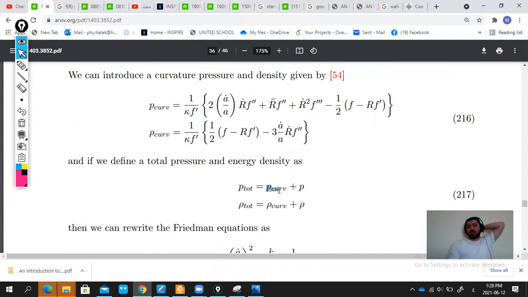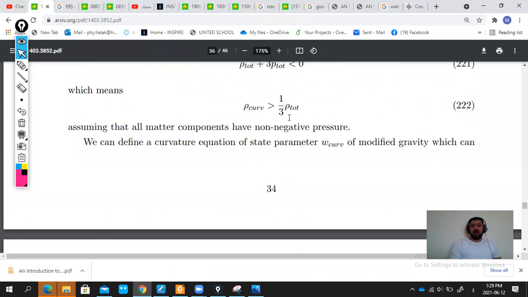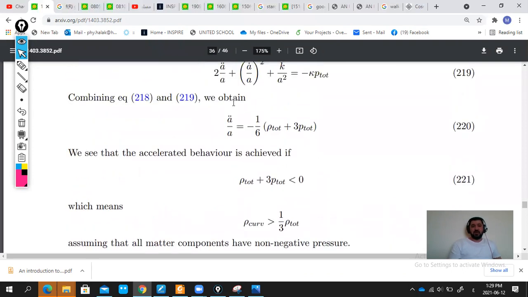And especially for rho of curvature, nothing forces it to be positive, because it's related to the curvature. So for a suitable, specific function, we may find it negative.